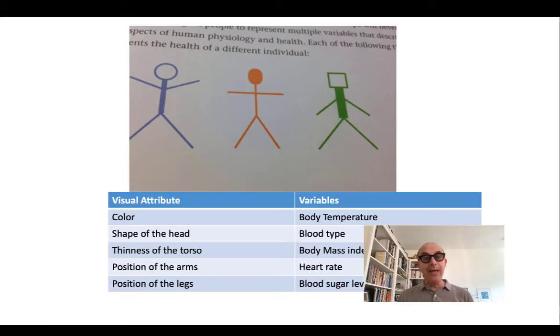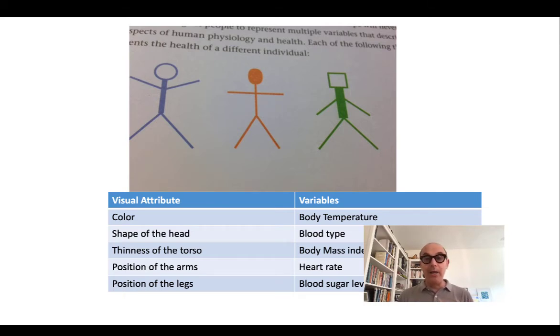And so the idea here is the color, the body temperature, the shape of the head, blood type, thickness is the body mass index. All of those are biology or health science terminology, and this is how we visualize it.